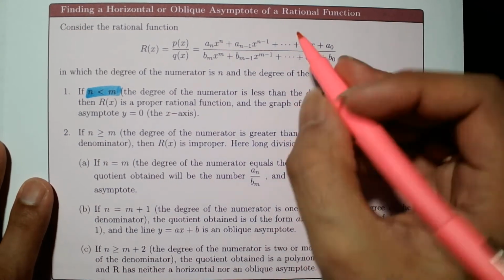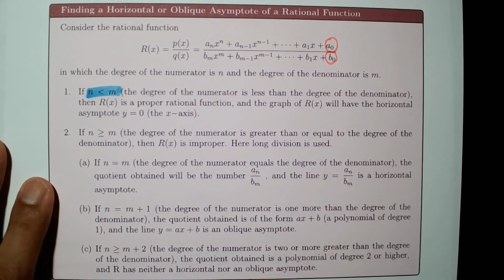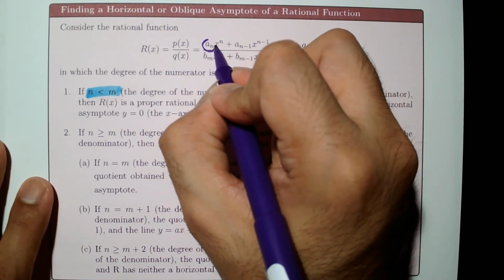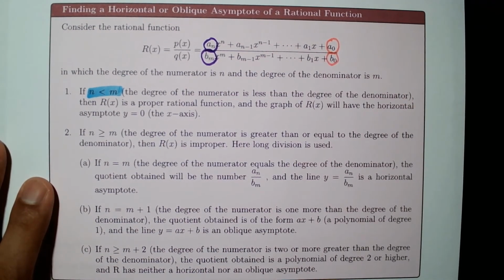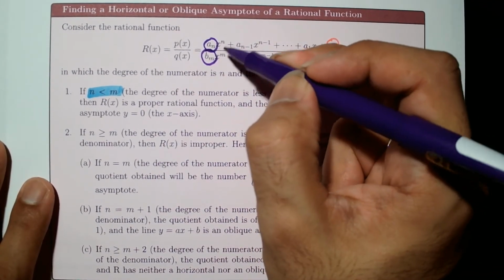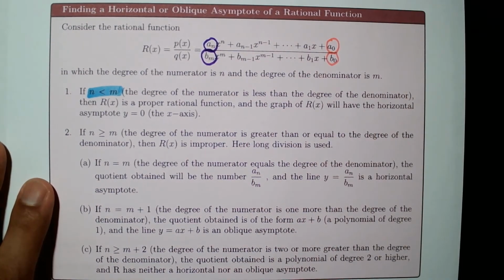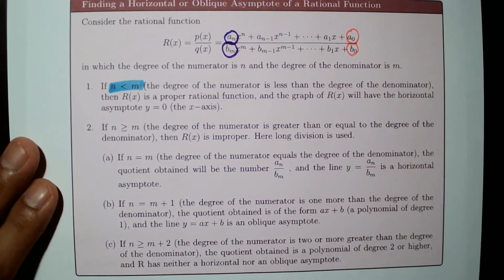These are the constant terms of each polynomial, and each number right here is very important to identify, that is, the numbers that multiply the highest degree term in the numerator and denominator are their leading coefficients.